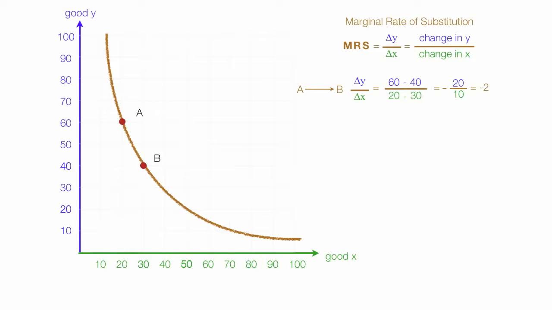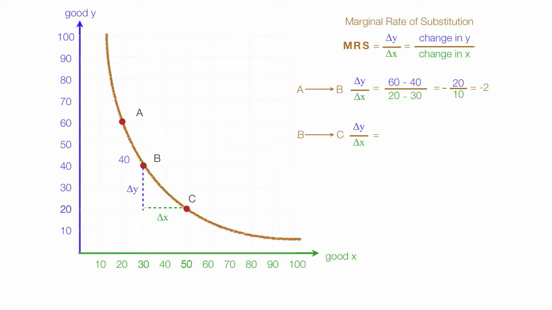I'm going to add another point, and let's call this point C. I'm going to look at the change in y and the change in x. Change in y is that distance, and the change in x is that distance. So I'm moving from point B to point C, and I'm looking at the change in y divided by the change in x.